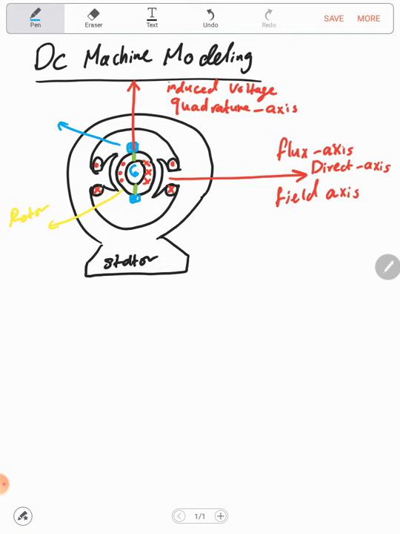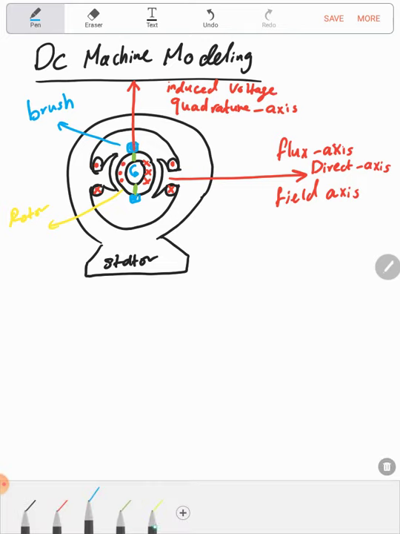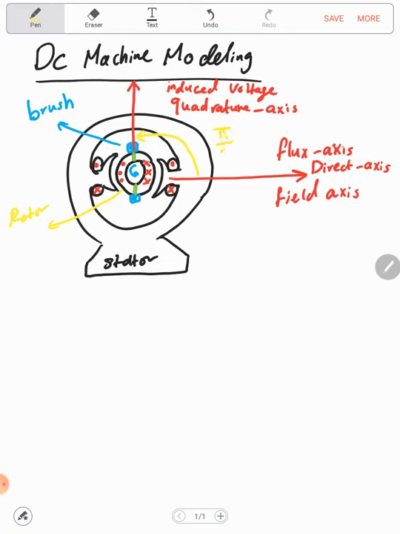So this is the brush. And we can place the brushes such that the angle between the D and the Q axis all the time is fixed to be pi/2.